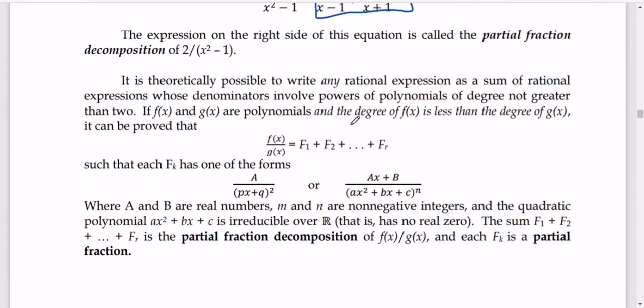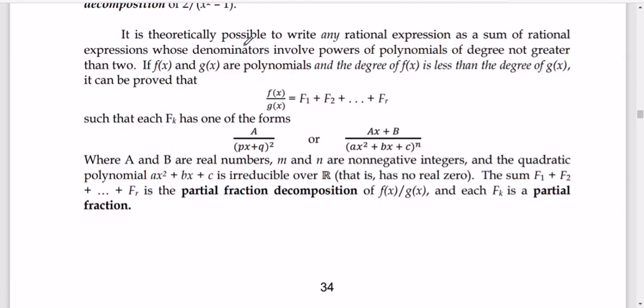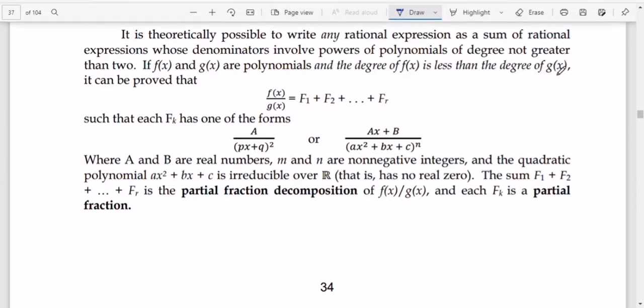So it is possible to write any rational expression as a sum of rational expressions whose denominators involve powers of polynomials of degree not greater than 2. If f of x and g of x are polynomials and the degree of f of x is less than the degree of g of x, it can be proved that f of x over g of x equals f sub 1 plus f sub 2 plus dot dot dot plus f sub r.